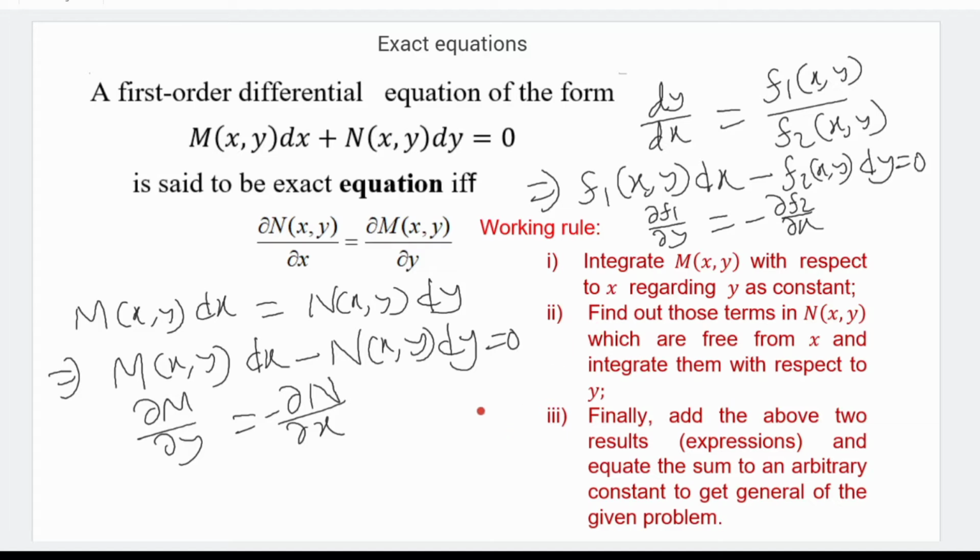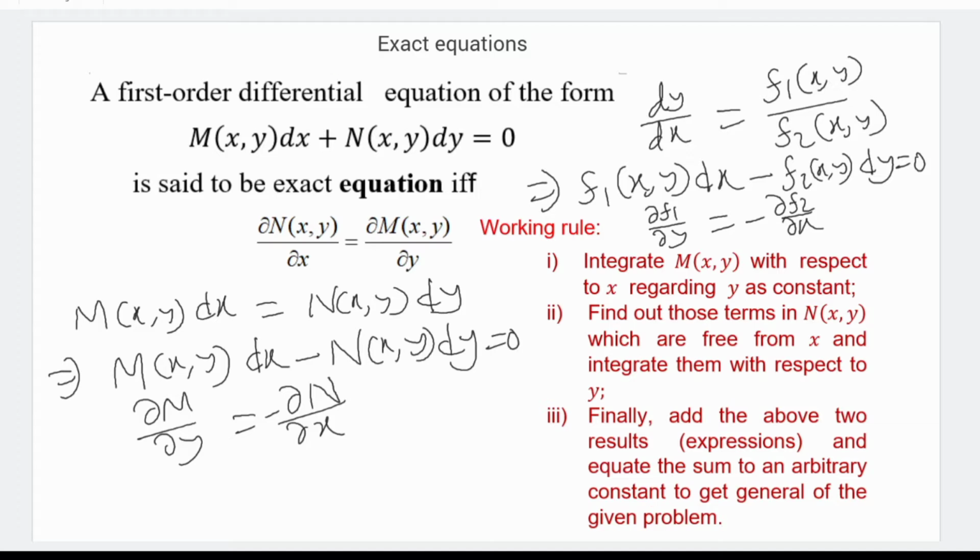Step 2, we find the terms in N which are free from x, then we integrate those terms with respect to y. If there are no such terms in N, then we consider that as 0. Finally, we add these two answers and set them equal to an arbitrary constant.